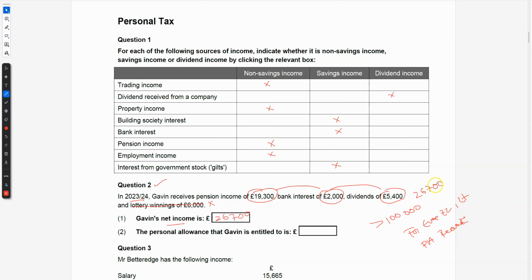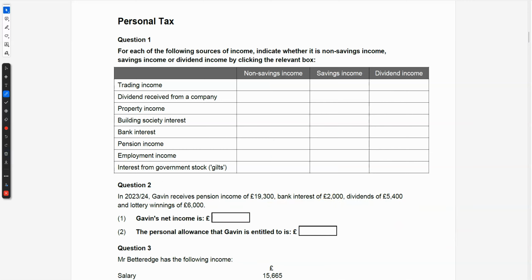Here his income is only 26,700, which is definitely less than 100,000, so you don't have to worry about that. He is entitled to the full personal allowance, that is 12,570. All right, let's move to the next one.